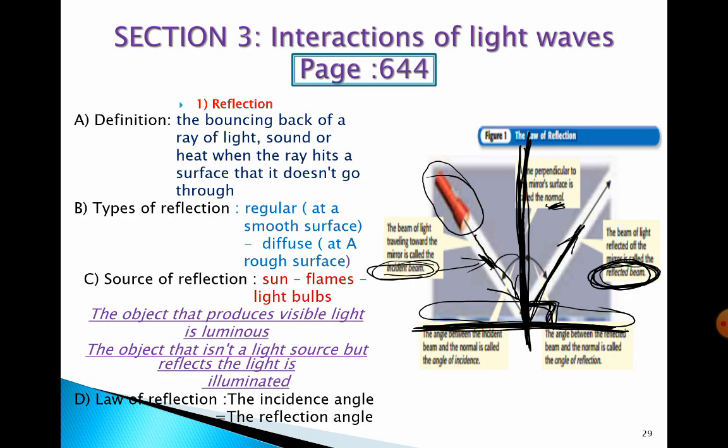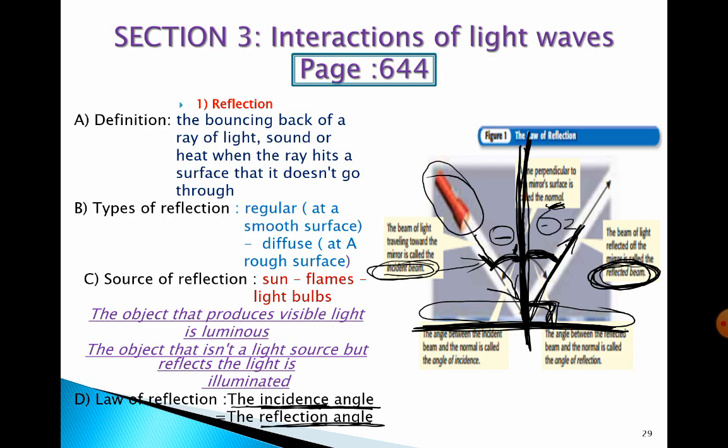The angle between the normal and the incident beam is called the incidence angle, theta 1. The angle between the normal and the reflected beam is called the reflection angle, theta 2.